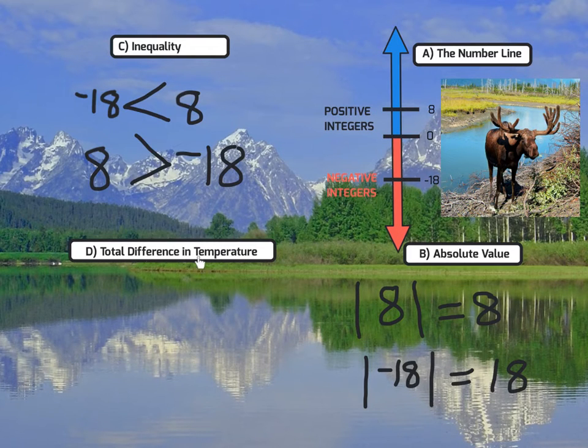Total difference in temperature. So actually what we're going to use is the absolute value of 8, positive 8 to 0, and then we're going to add that to the absolute value of negative 18, right? So we're going to just write that right here. So let's go ahead and do that. We're going to go absolute value of 8 plus the absolute value of negative 18. And then right below that, we're going to write, well, the absolute value of 8 is going to give us 8.